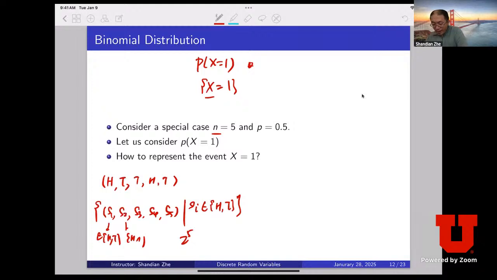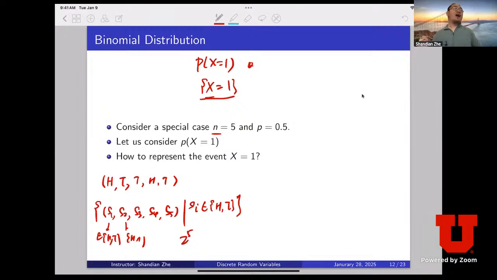Now, let us look at the event defined by X equals 1. Can you name the sequences contained in this event? Yes, exactly. We just enumerate all sequences which contain only 1 head, but that head might appear in the first time, or second time, or third, or fourth, or fifth time.